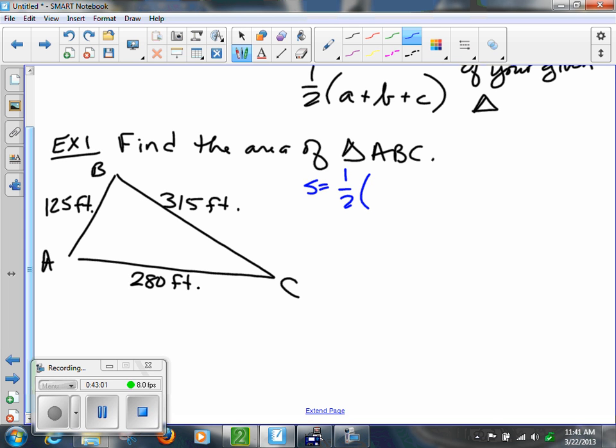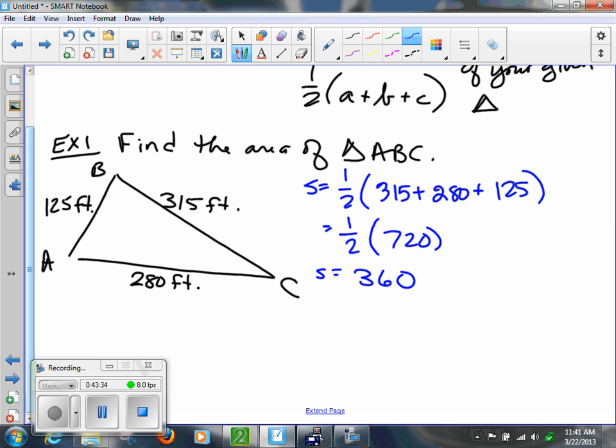So 1/2 of. Now, this is the only time that chances are you're going to write this down. Chances are you're going to do all this in your work, and then you're going to write somewhere S is equal to blank, and you're going to have that value there. Just for your notes, side A is 315, side B is 280, side C is 125. And folks, it's 1/2 of 720, which is 360.